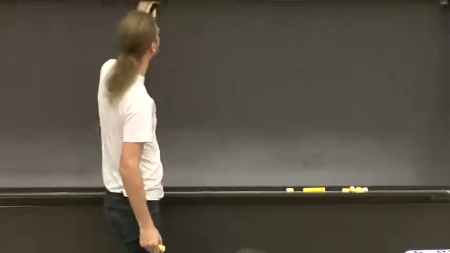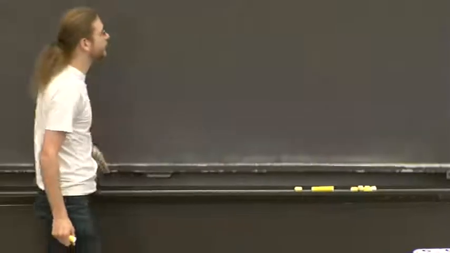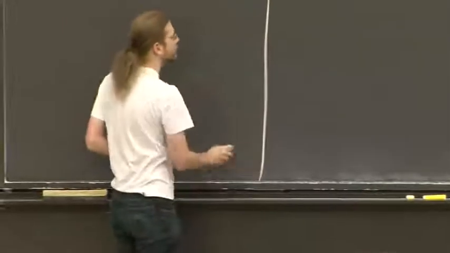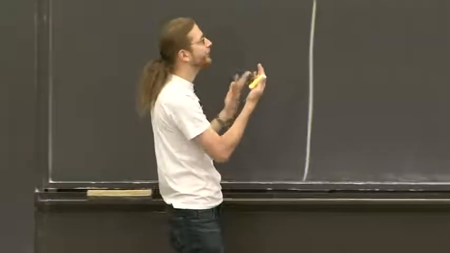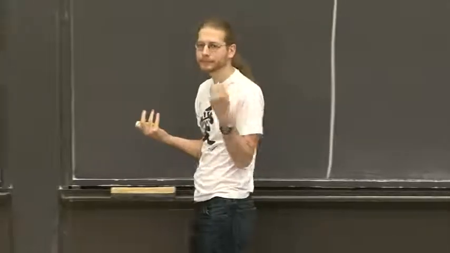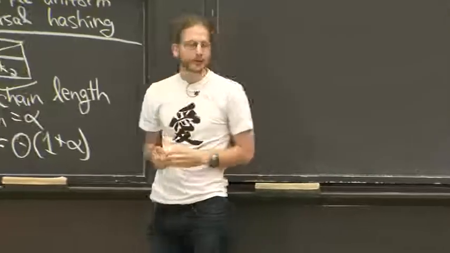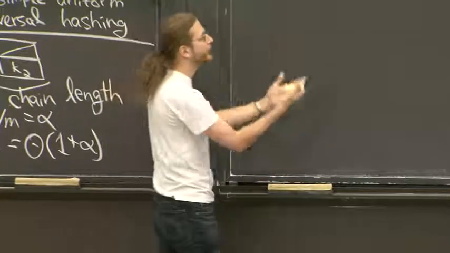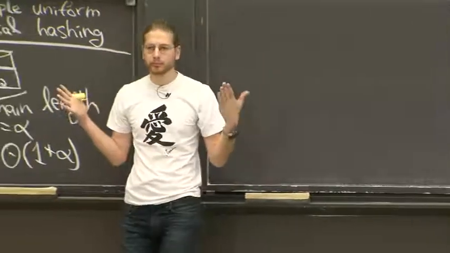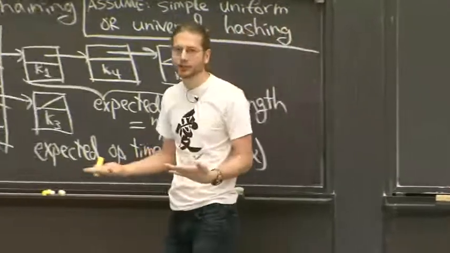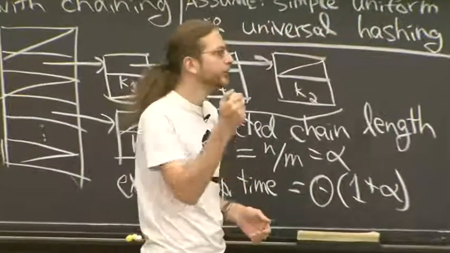So for example, let's say that I said m should be theta n. Let's say we want m to be at least n at all times. Okay, so what happens, we start with m equals 8. And so let's say we start with an empty hash table, an empty dictionary. And then I insert 8 things.